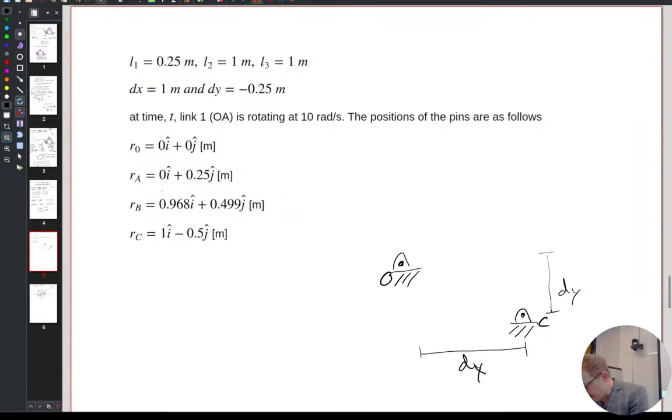Yeah, at this point, this one is 0 and 0.25. And then here we've got over 1 and up by 1/2.